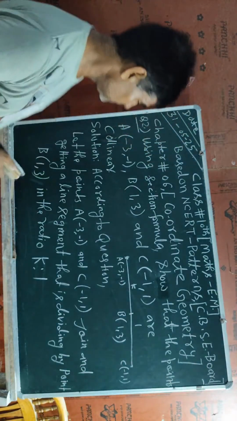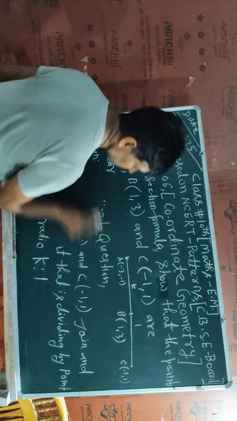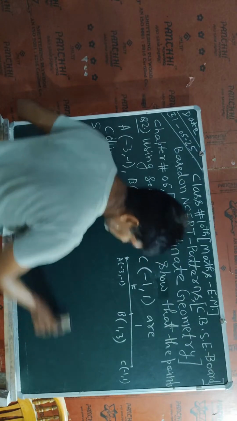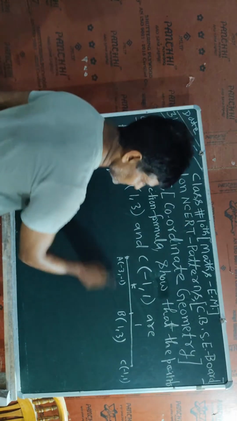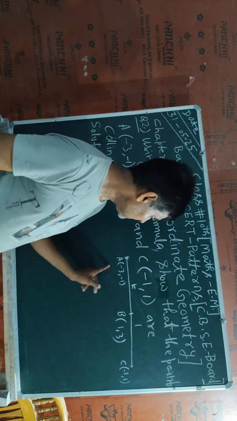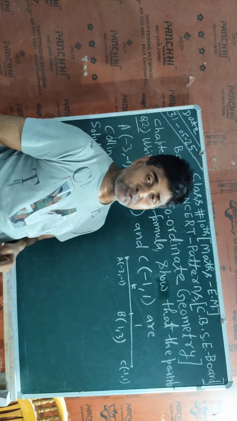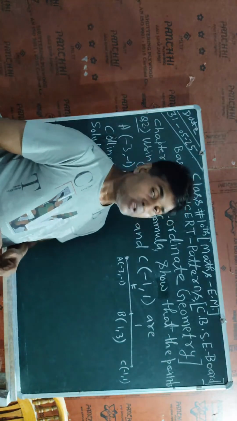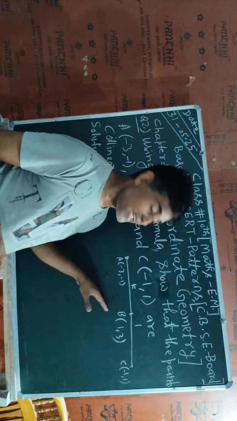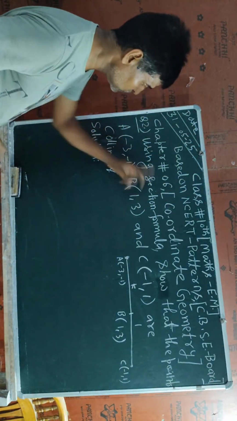The other concept is also easy for solving this question: we get the slope of AB line, BC line, and AC line. If we get the same slope value, it means the lines are parallel to each other, and in other words one line lies on another line. This is the second solution, but first I will give you the solution according to the question.